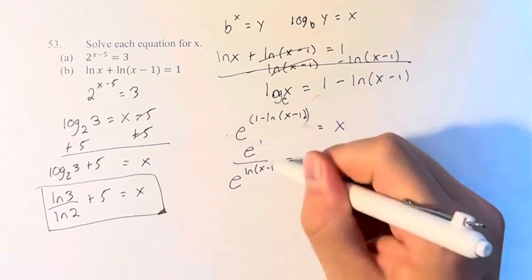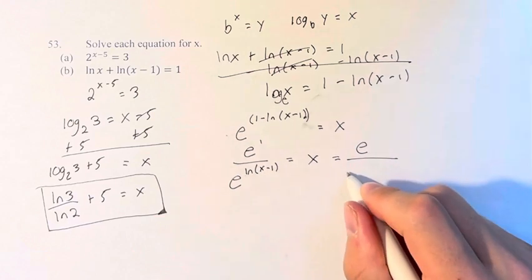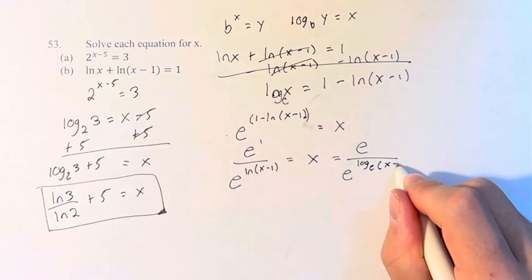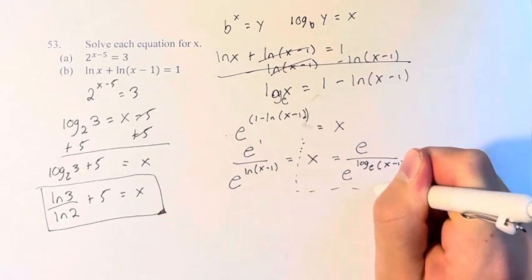And I'm just going to simplify this a little bit. e to the 1 is just e. And then ln is log base e of x minus 1. So we're going to use this going forward.